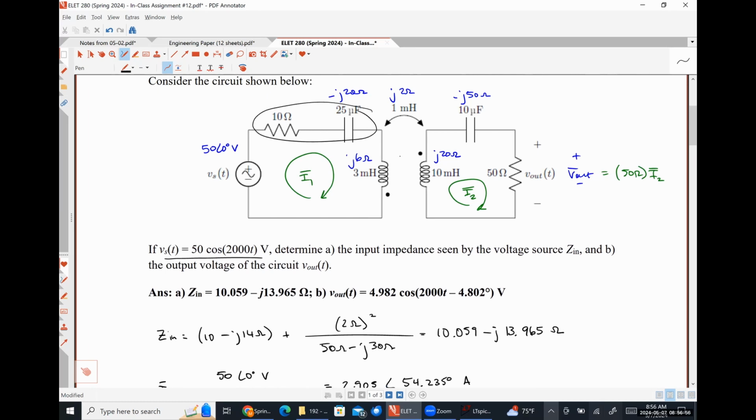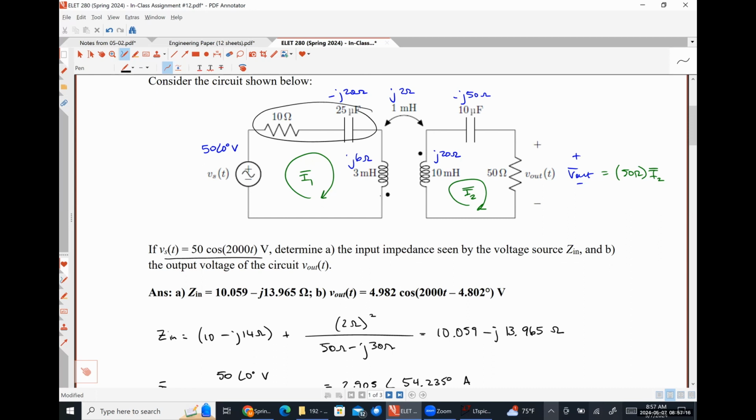And now I need to pay attention to things because my current is flowing into the undotted terminal of my coil. So I have to pay pretty strict attention, right?